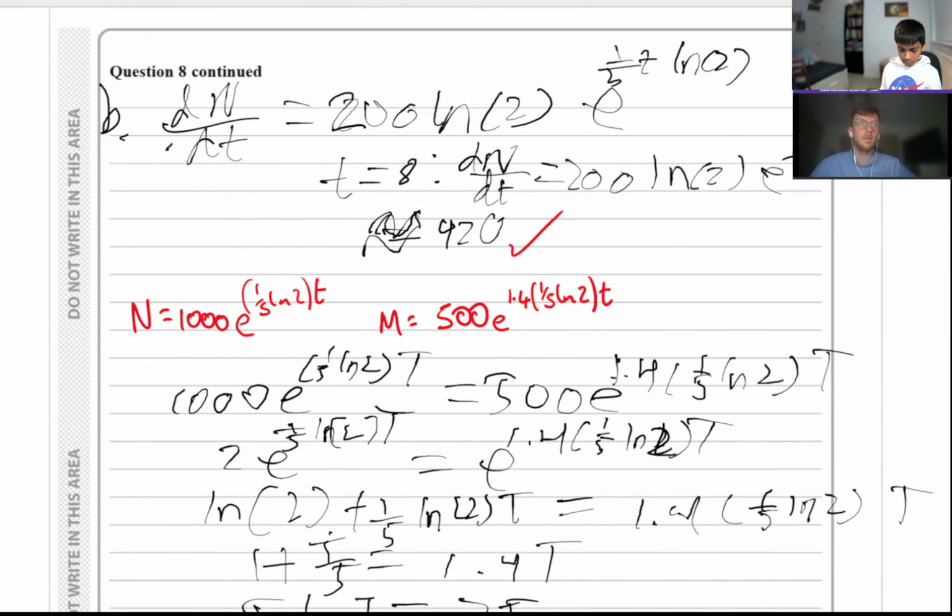So 1,000 times e to the power of 1/5 times 5/6 ln2, that's 1122.462048. 500 times e to the power of 1.4 times 5/6 ln2.